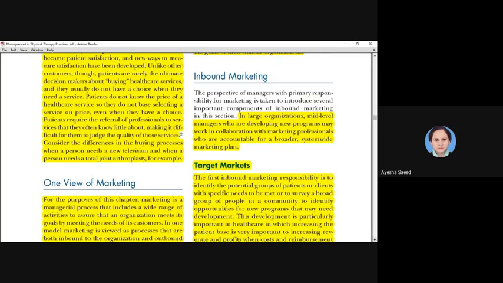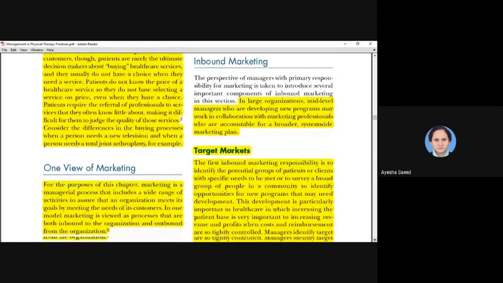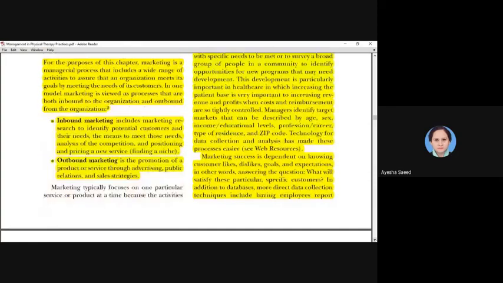This development is particularly important in healthcare, in which increasing the patient base is very important to increase the revenue and profits when costs and reimbursements are so tightly controlled. So, as the cost increases and there are fewer reimbursements, that is why it is important to improve the patient base, the number of patients that are coming to you, and to increase the revenue.